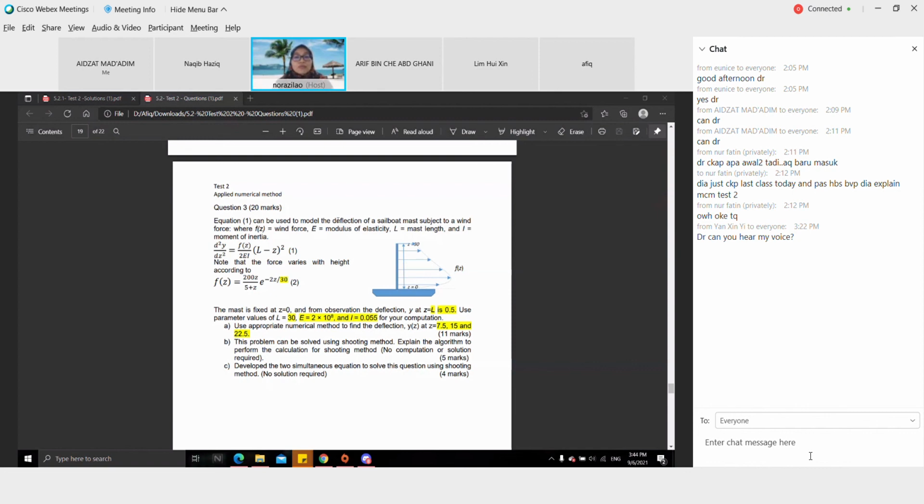This problem can be solved using the shooting method. Explain the algorithm to perform the calculation for the shooting method. This time, we do not request students to explain the algorithm and so on.